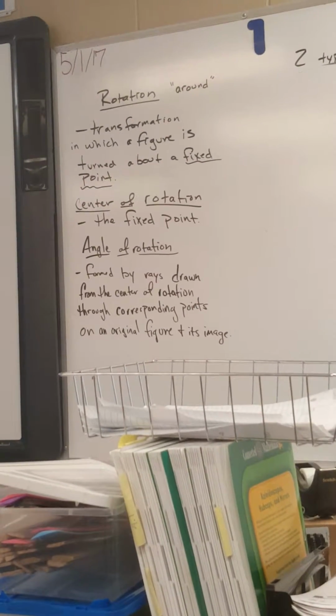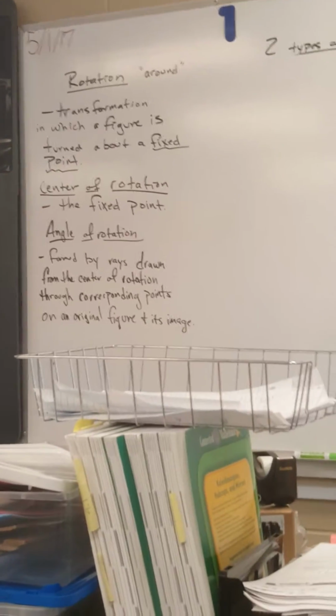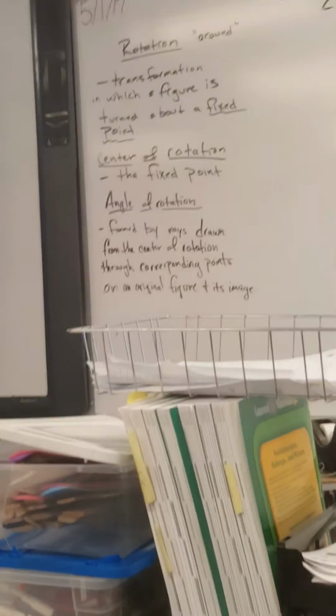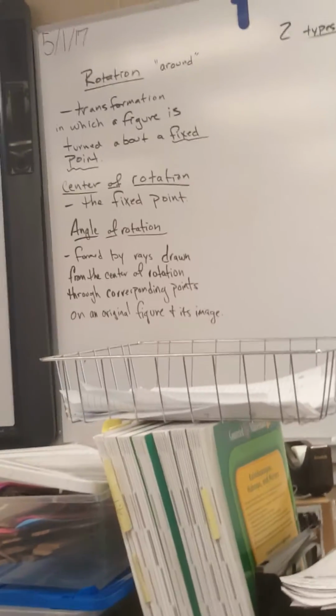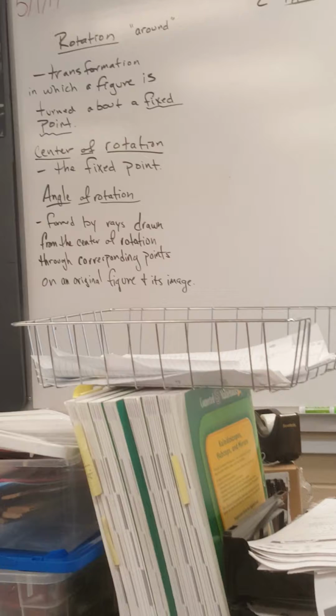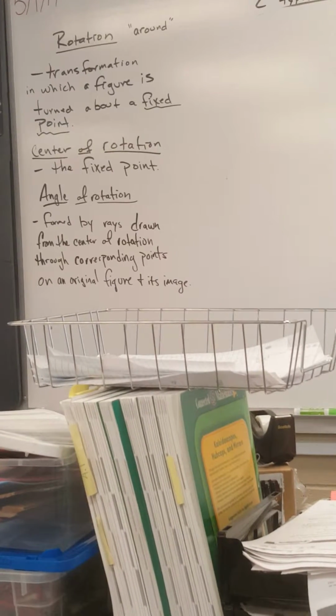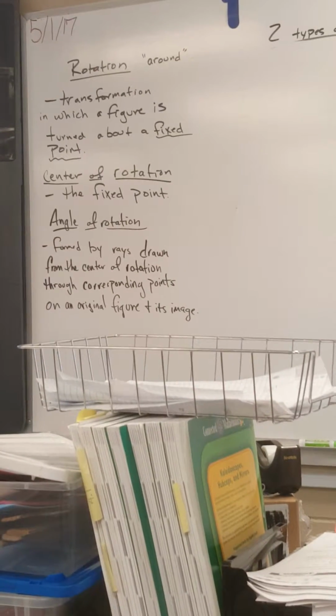Each point is going to travel the same direction and the same distance. Each point in the figure is going to change in the same direction and the same distance.